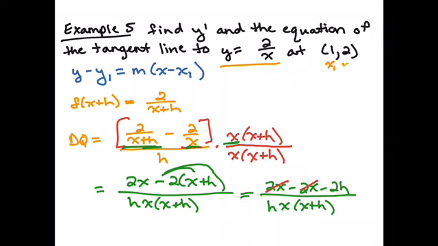And 2x minus 2x will go to 0. And now I have negative 2h over h. So what happens there? It becomes -2.